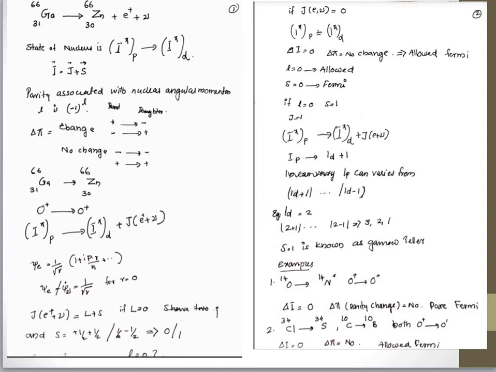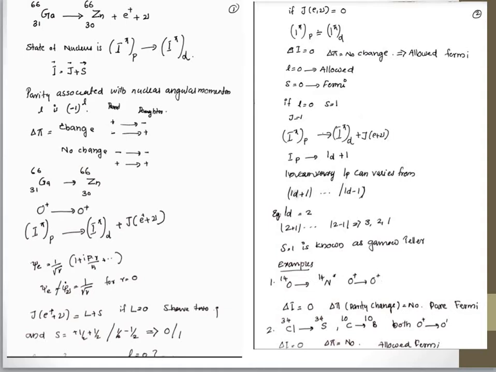We do this approximation in the case of the Fermi expression by taking the electron and neutrino wave functions to be constant.